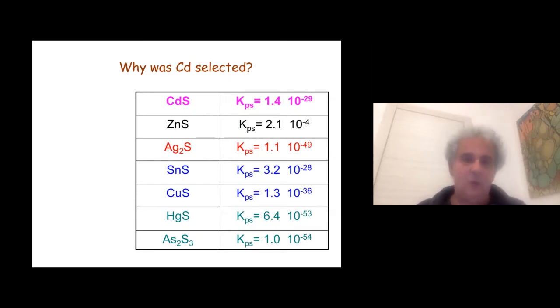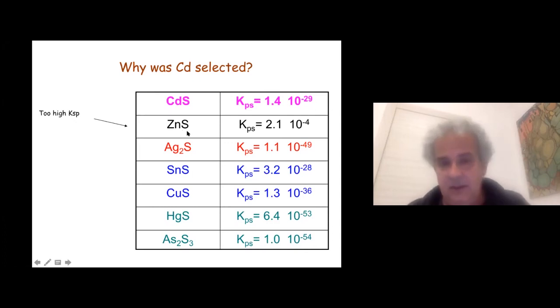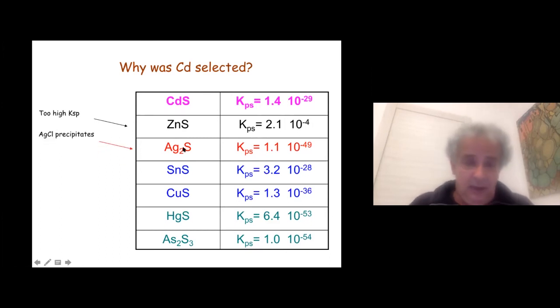Last slide, why we selected cadmium. Zinc is less expensive, is less toxic, but it does not have a very good solubility product. You can see that it is -4. Silver costs much more, but the problem is that it tends to react with chloride to form silver chloride.